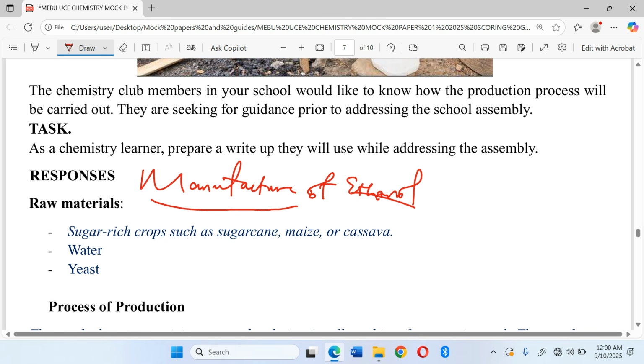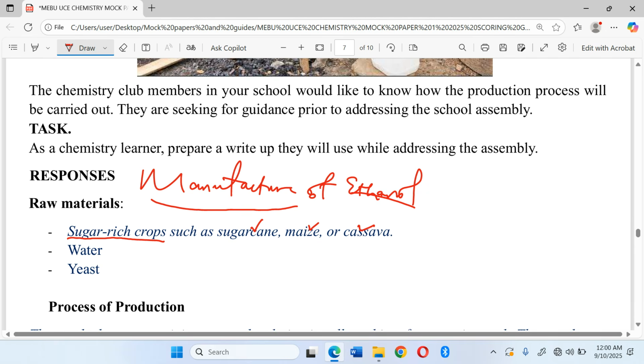So let's look at the raw materials we have. Here I'm saying sugar-rich crops like sugarcane, maize, or cassava. We have different major raw materials for ethanol, and we have listed them. But as a learner, you don't need to put all of these sugar-rich crops.